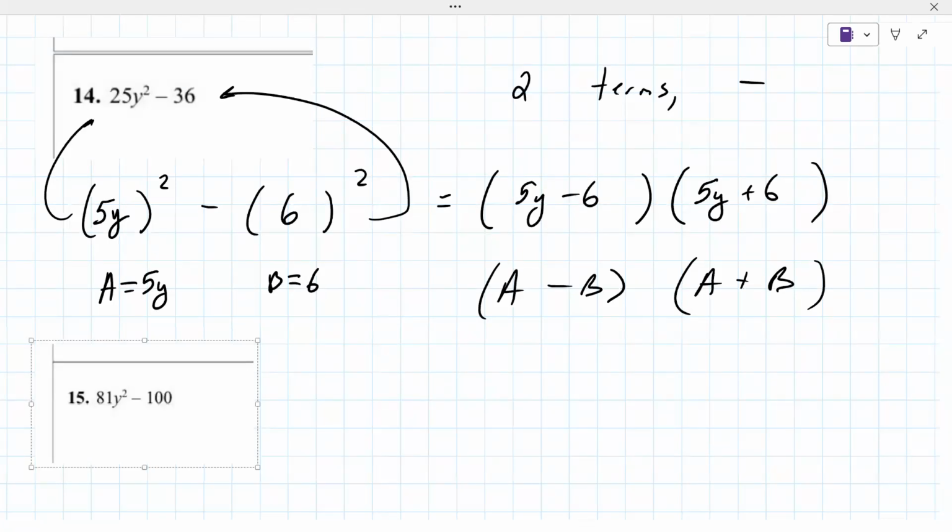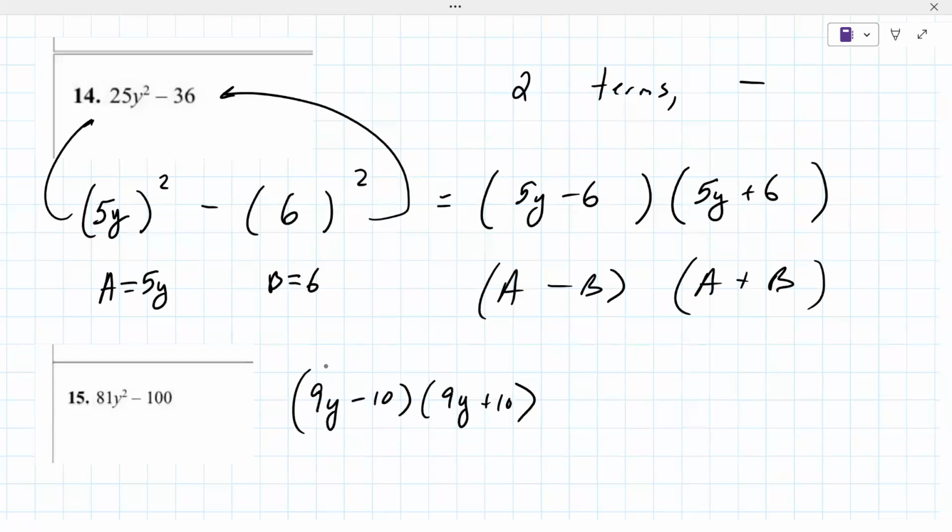All right. I got 9y minus 10 and 9y plus 10. Very good. So that's everything for difference of squares. You occasionally get problems where there's a GCF to consider, but that is not the case here.